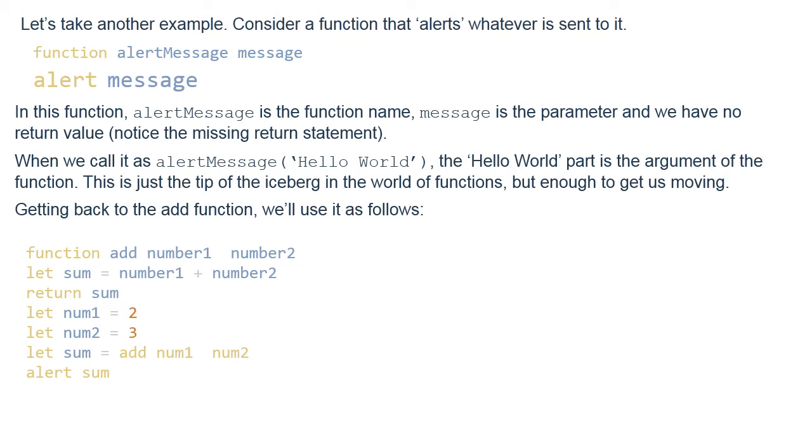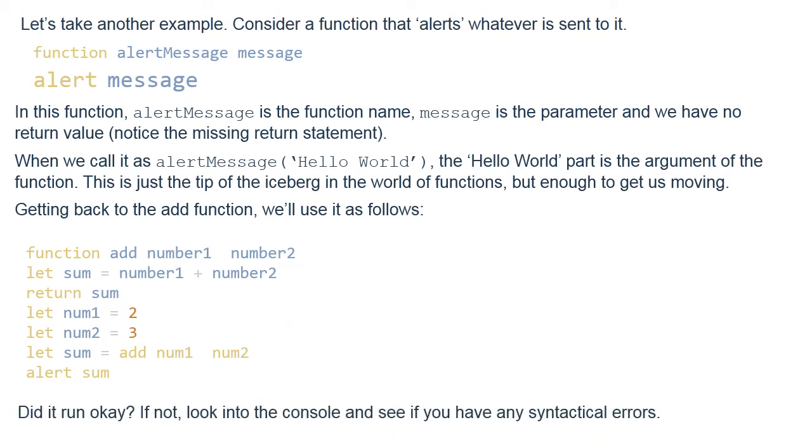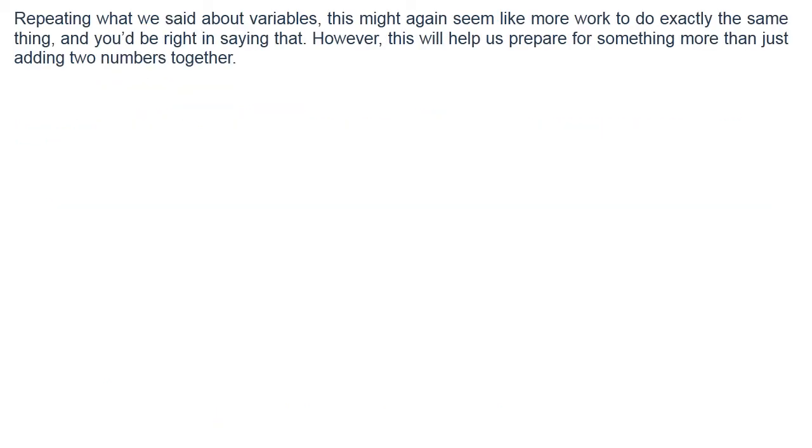Let sum equal add(num1, num2). Alert sum. Did it run okay? If not, look into the console and see if you have any syntax errors. Repeating what we said about variables, this might again seem like more work to do exactly the same things, and you would be right in saying that. However, this will help us prepare for something more than just adding two numbers together.